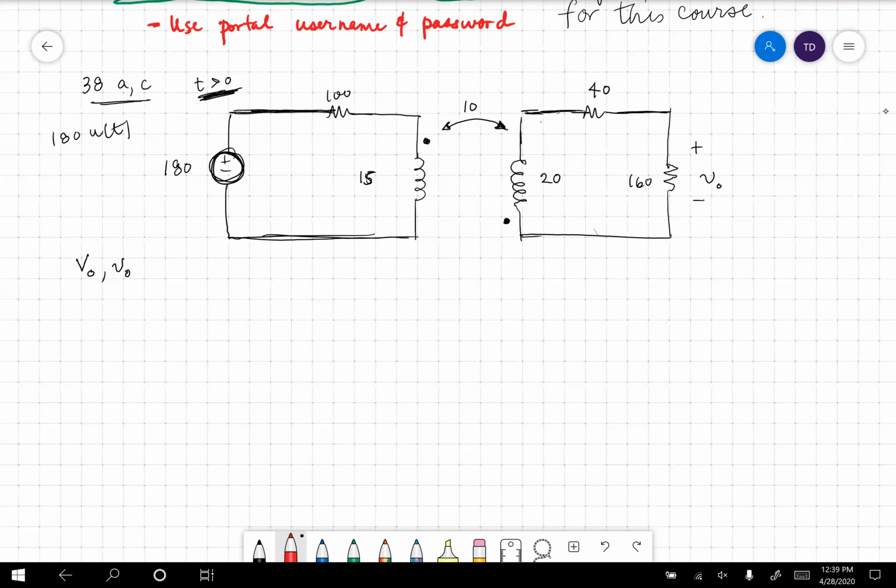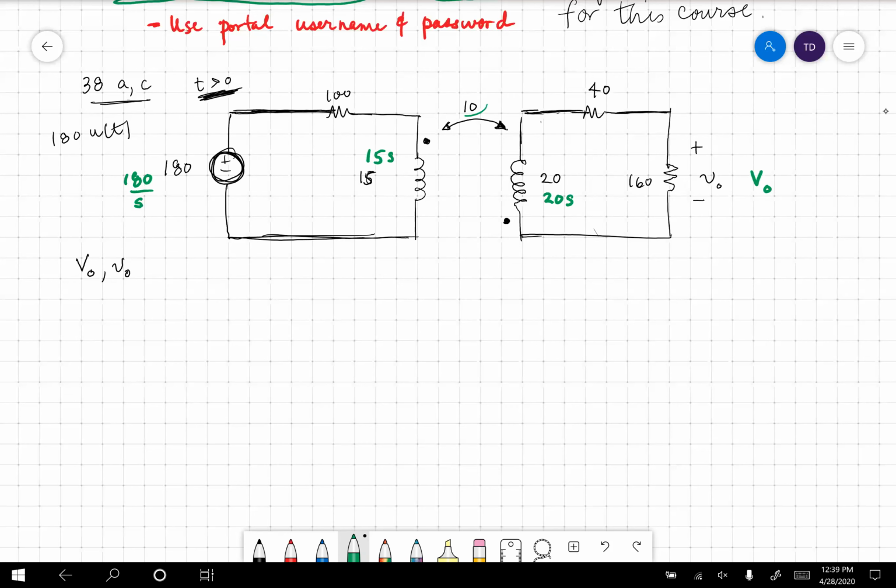So when we convert that, that's going to convert to 180 over s. We have a 15 Henry inductor. That 15 Henry inductor is 15s, 20s, V0.